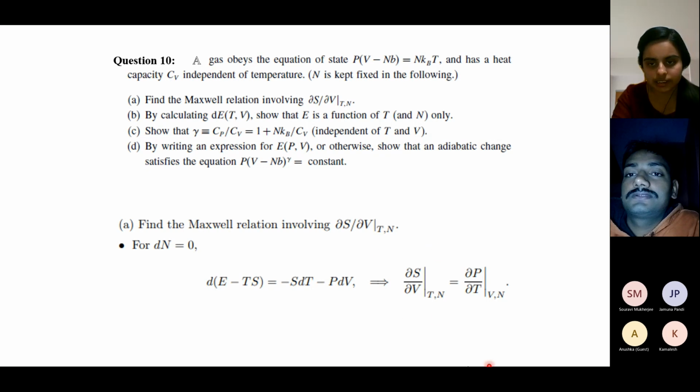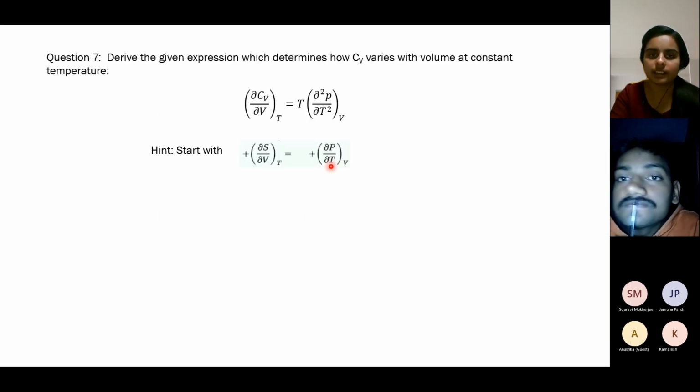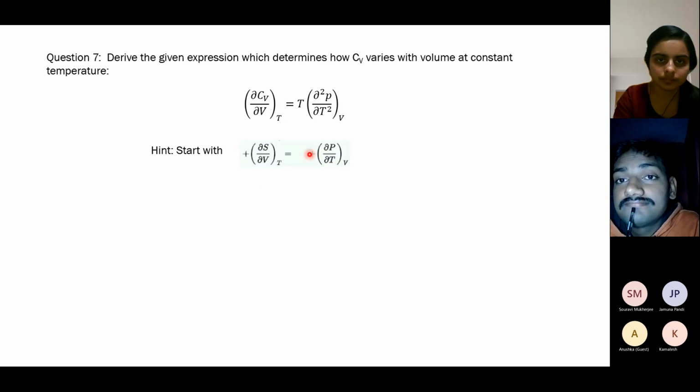So here, this is the Maxwell's relation, and then you have to go to an expression which tells you that del CV by del V is equal to 0. If I go back now, I'll tell you how that is done, and you will see that I have already discussed that. You start with this Maxwell's relation. You want to find del CV by del V at constant temperature, and you want to prove that this is equal to 0, because that will tell you that CV is not dependent on V. Do you remember now?